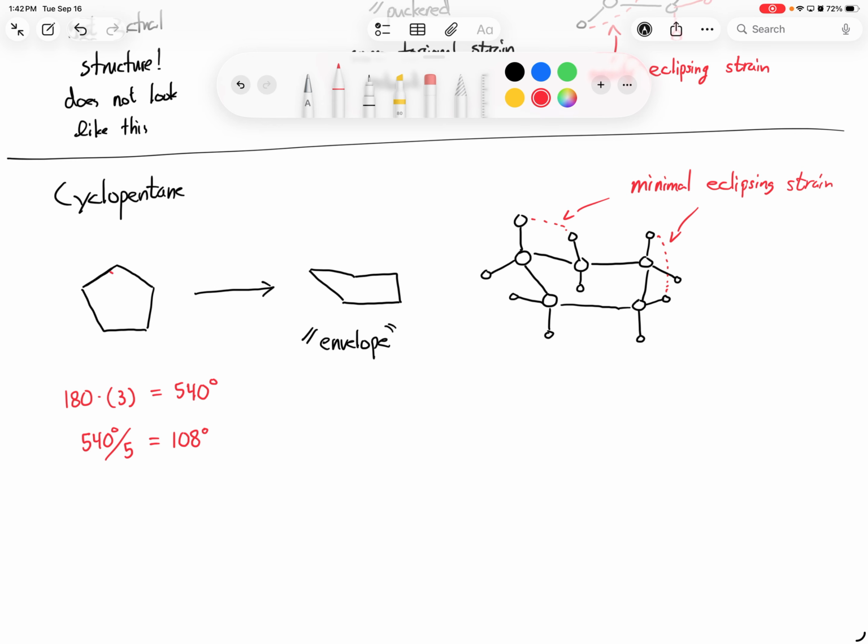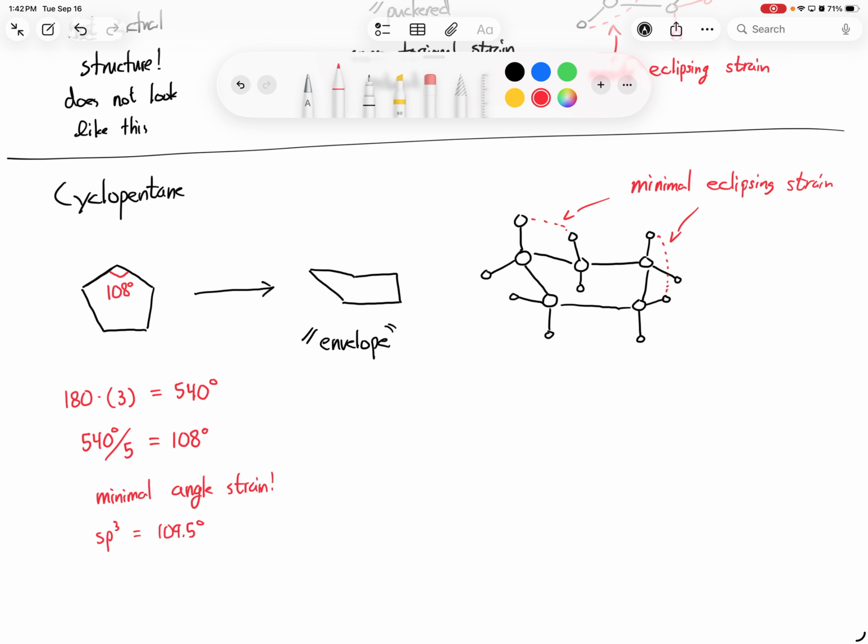Each of these angles here is 108 degrees, so we have minimal angle strain. Remember, for sp3, we typically want 109. So that's not too bad, but we can do better.